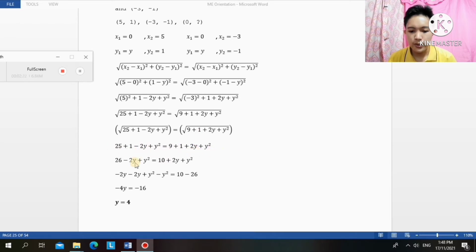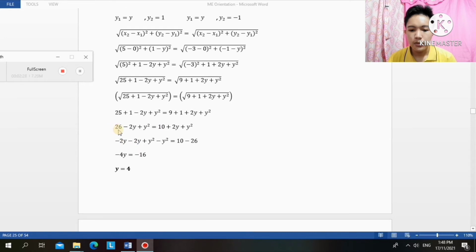So 25 plus 1 is equal to 26, and 9 plus 1 is equal to 10. So our equation will be 26 minus 2y plus y squared is equal to 10 plus 2y plus y squared. So transpose the 2y and y squared from right to the left.